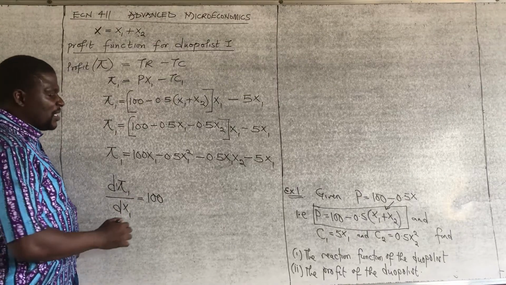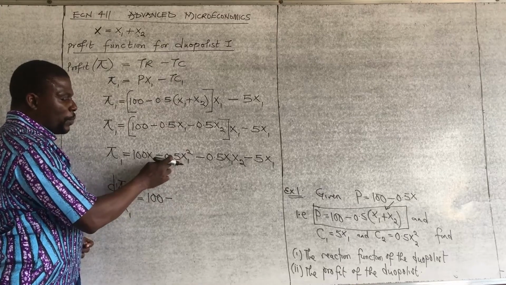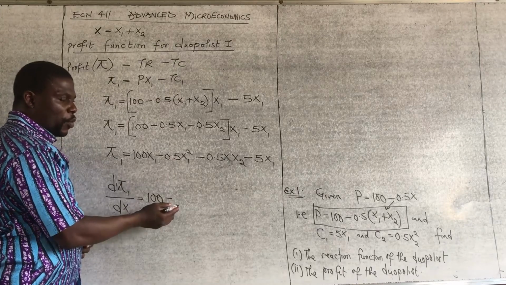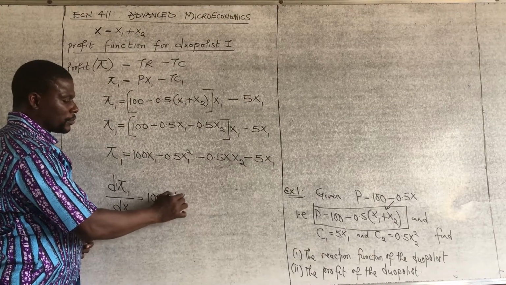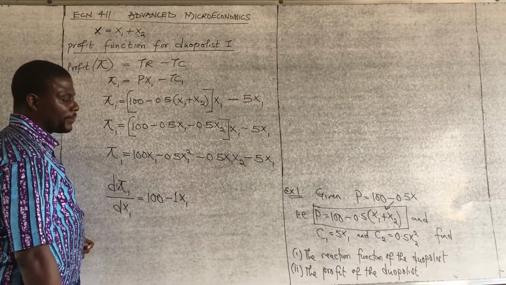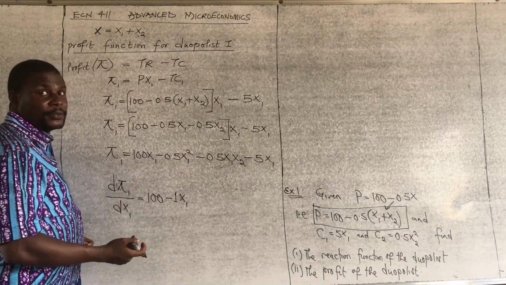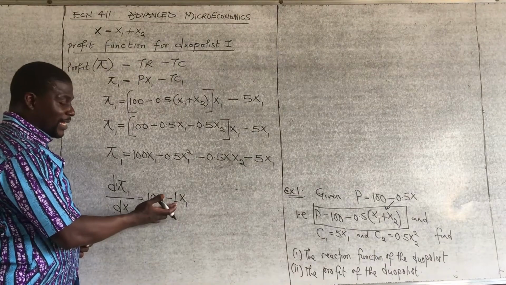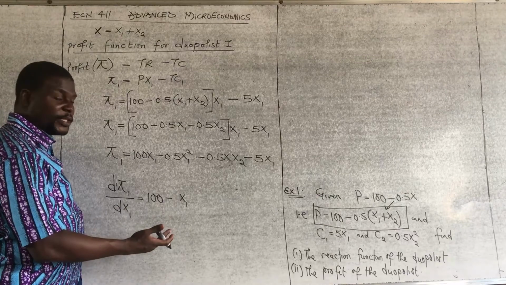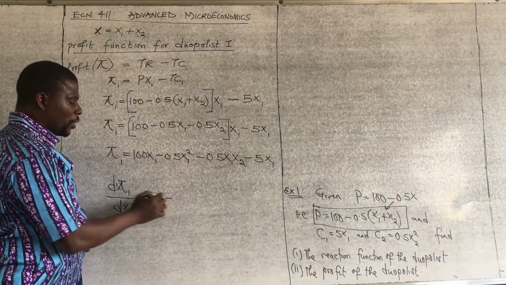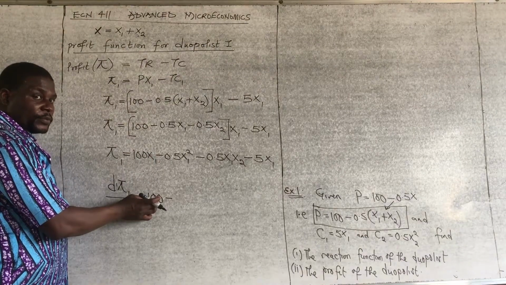Now, if I differentiate this, minus 2 times 0.5, that will be 1, so I can say minus 1x1. If I differentiate the x1 squared term, I will have minus 1x1. And there is no need for me to even put the 1. I just use it for explanation.